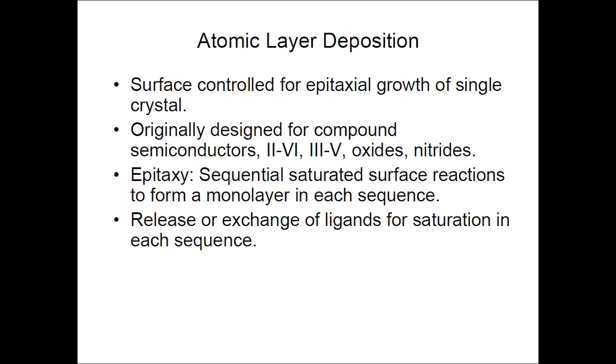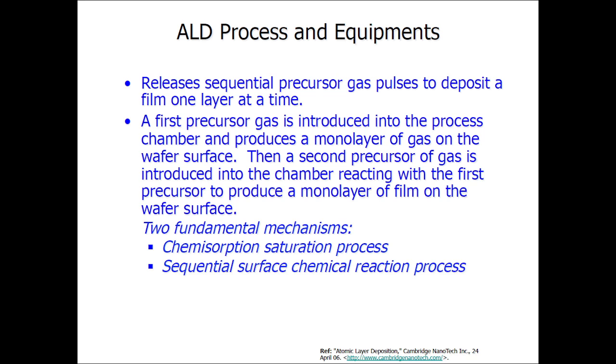Okay, so there is a release or exchange of ligands for the saturation of each sequence. Atomic layer deposition uses sequential precursor gas pulses to deposit a film one layer at a time.